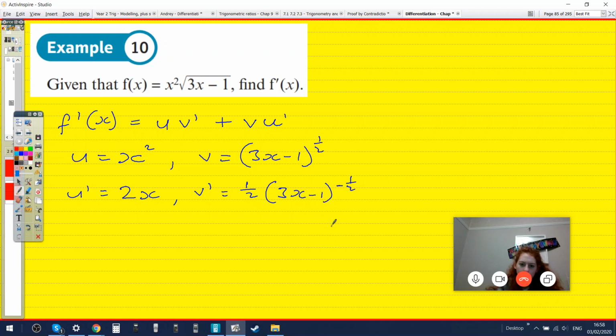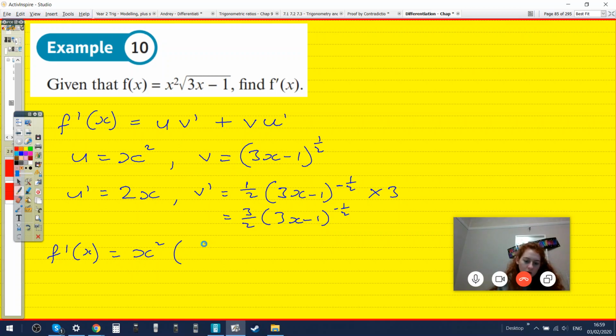And then is that just 3? Times by 3, yeah. So if we times the u, that's x squared times by the 3 over 2 brackets 3x minus 1 to the minus a half.